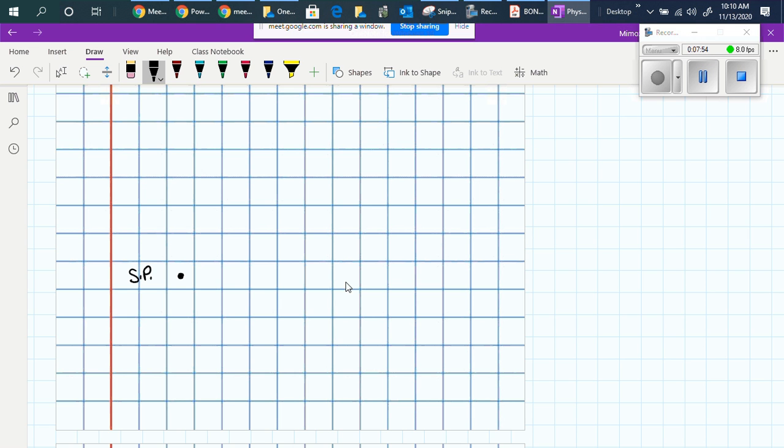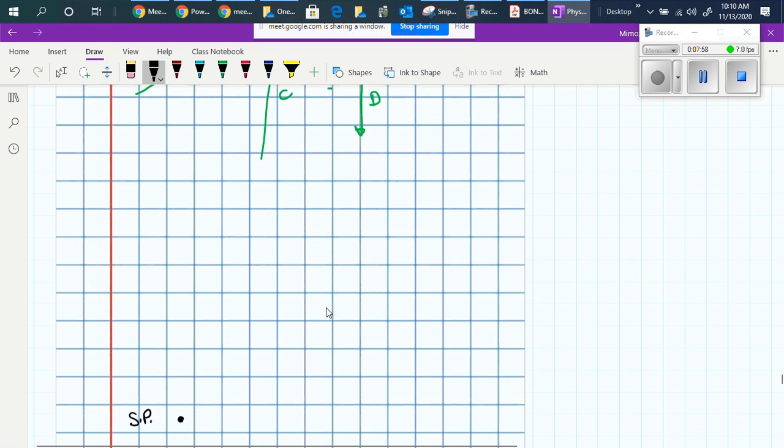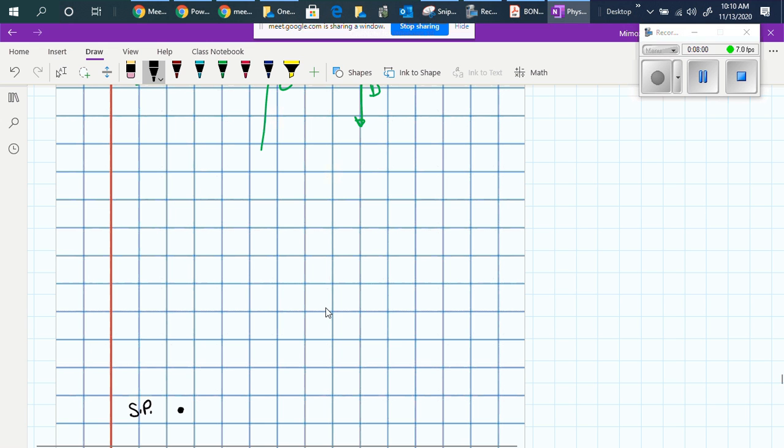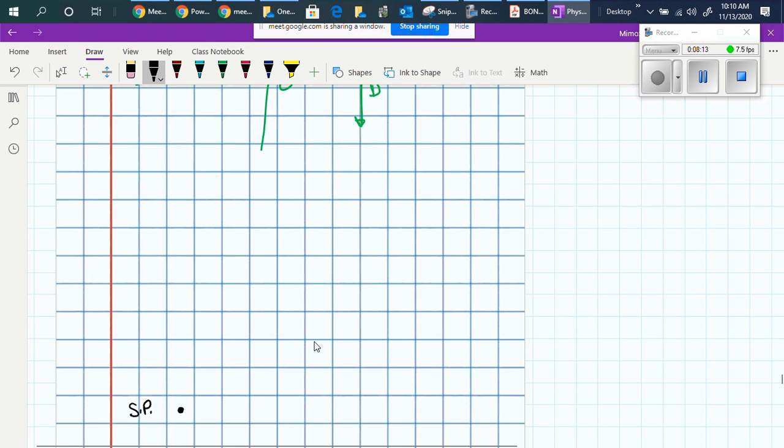And then vector A, I will bring vector A to the starting point, meaning that I will freeze vector A and then move it to the starting point of our sum. So vector A will be something like this.